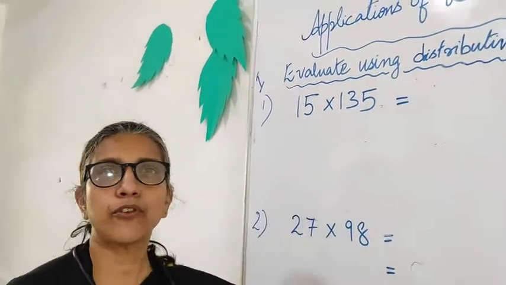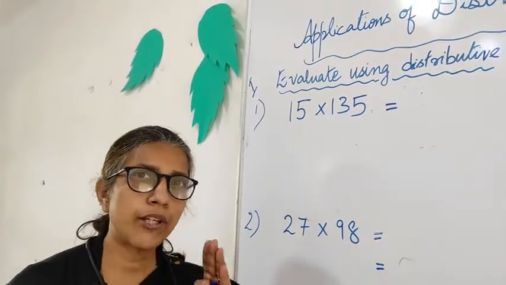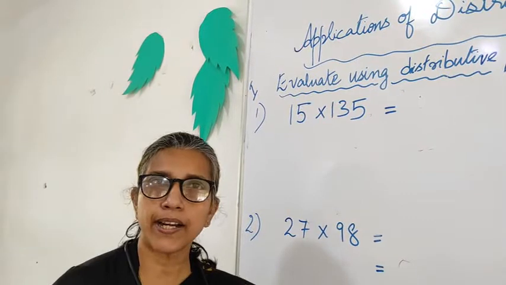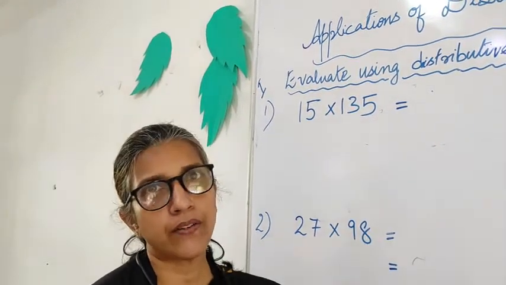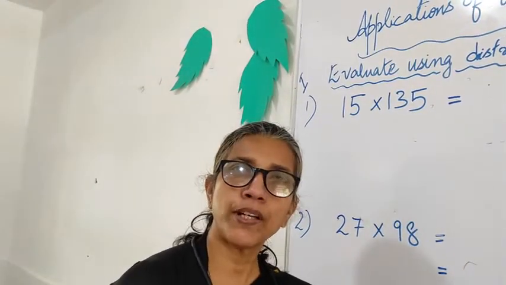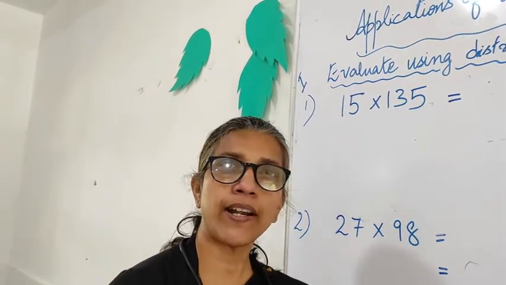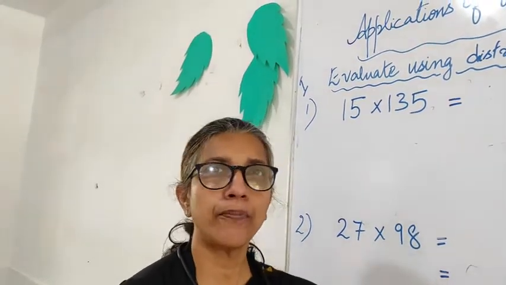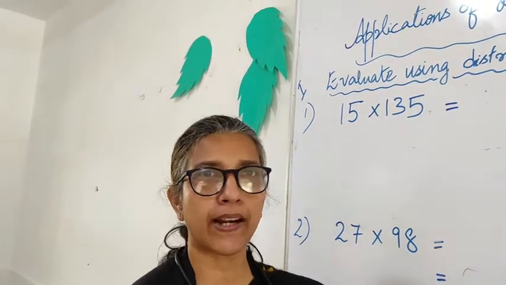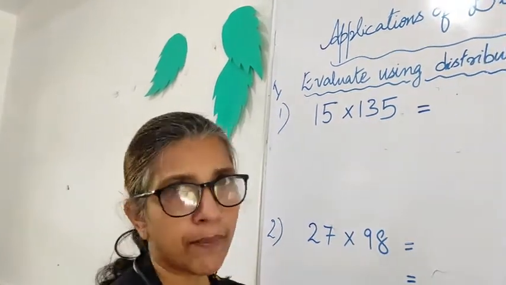So first we have to think about the distributive law. We have studied two types of distributive law. One is distributive property of multiplication over addition, and the second one is distributive property of multiplication over subtraction. So first of all, you think about that.